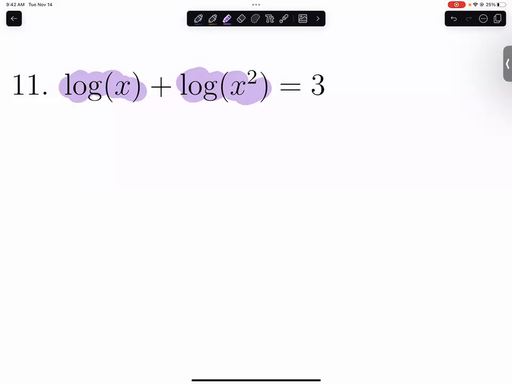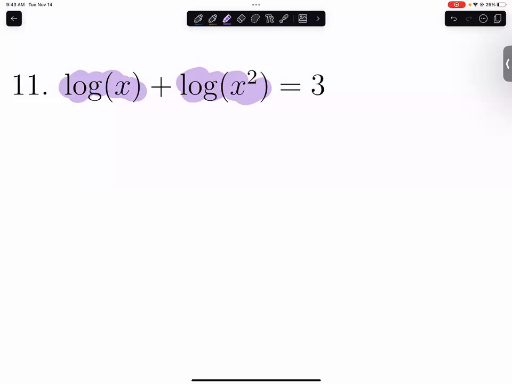That means that, like the last one, we had some options for how we get the log by itself, right? I could divide, or I could use log properties to pull that power in. Here, I can't isolate the log by just moving stuff around, by just pushing stuff from side to side, because if I get this one by itself, then the other side's kind of a mess, and vice versa.